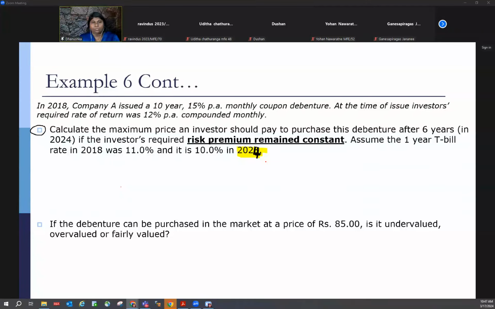So calculate the risk premium. Once you know the risk premium, calculate the new required rate of return. And now you can apply that to calculate the price. Right?